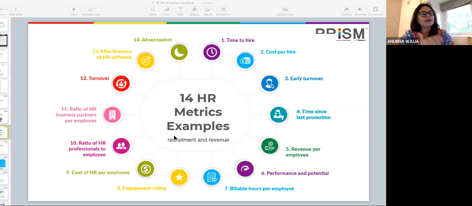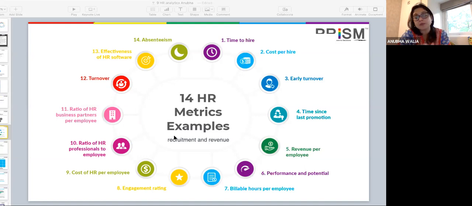So as HR professionals, we have to give them that period so that we can see they reach the optimum productivity level. So you should figure this out, and there is another thing which we also call time since last promotion.